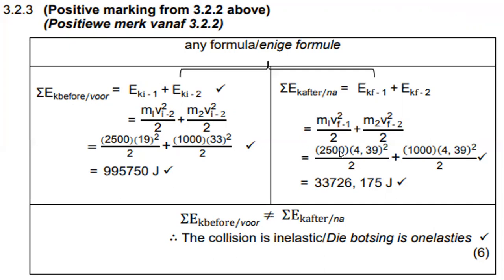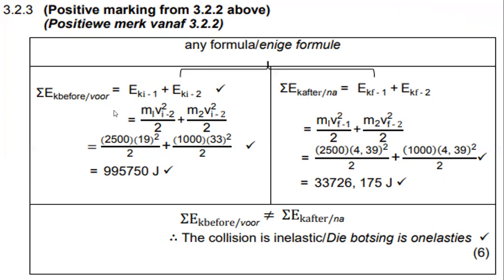And remember the kinetic energy of the truck, it was 21,424.5. And in total, you will get that it gives you a total kinetic energy after the collision of 29,994.3 joules altogether.